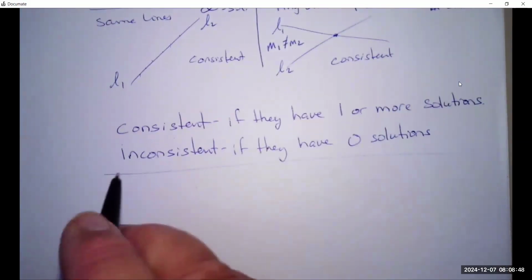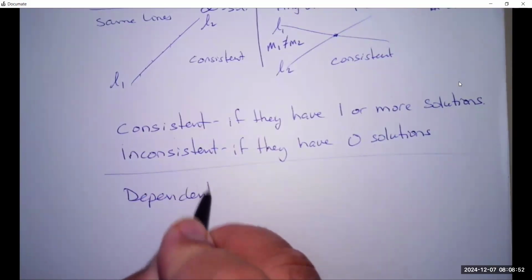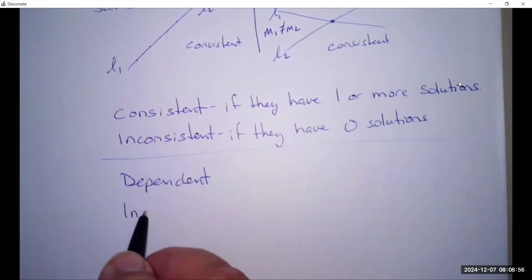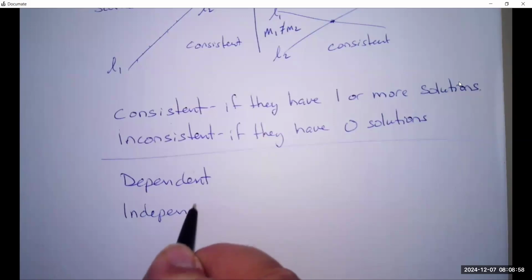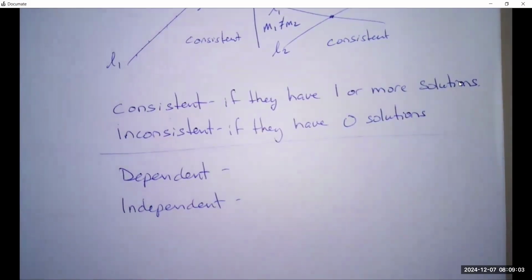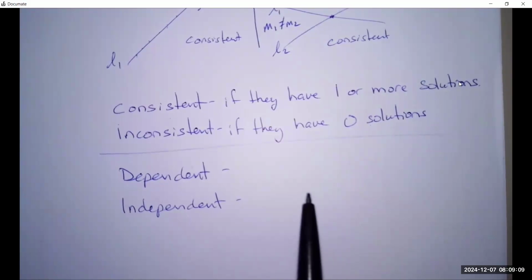Then we talk about being dependent or independent. Once you think about those, they make more sense. If it's dependent, then it depends on another equation.